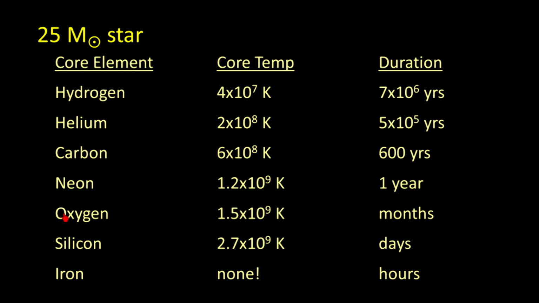When the oxygen at the core runs out, the oxygen has been turned into silicon. And when the silicon at the core runs out, the silicon has been turned into iron. Each of these requires a higher and higher temperature to get that fusion to occur. Notice the extension of the life of the star is becoming sort of a means to an end. You'll notice that the period of time is becoming less and less and less.